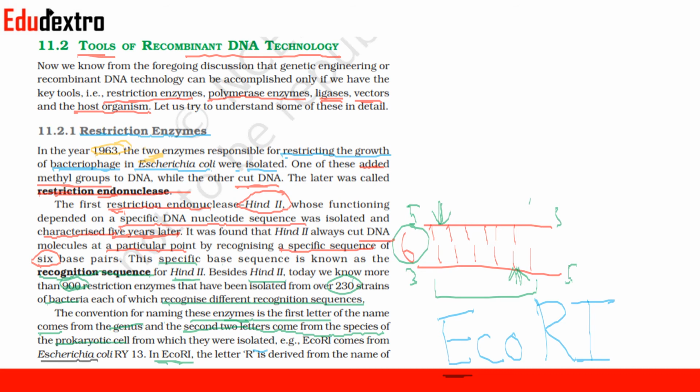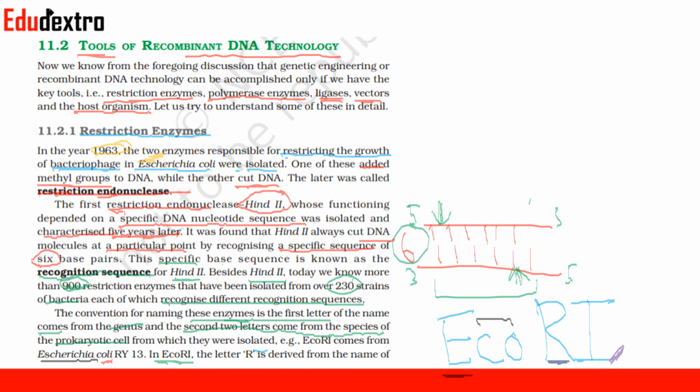Then co comes from coli, and R comes from the RY13 strain, and the number 1 tells the order.